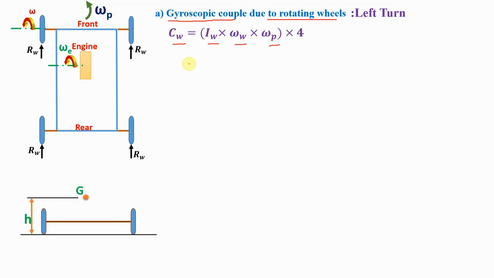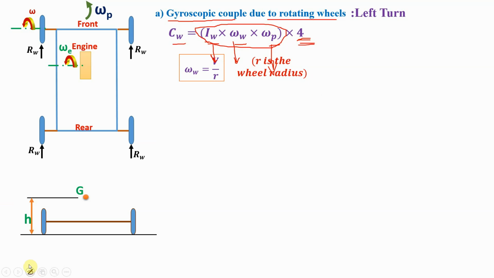Here Cw indicates the gyroscopic torque due to the wheels. Iw is the moment of inertia of each wheel, omega w is the speed of each wheel, and omega p is the precession speed. We multiplied this equation by 4 because there are 4 such wheels. So I omega omega p is the gyroscopic torque produced by each rotating wheel, into 4 will be the gyroscopic torque as a result of 4 rotating wheels.